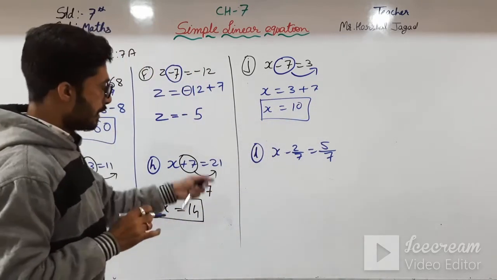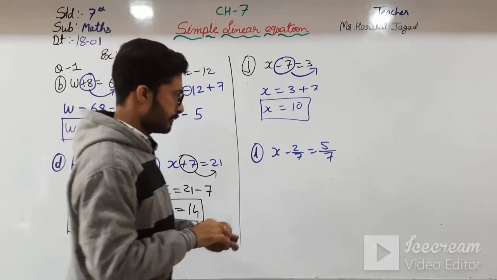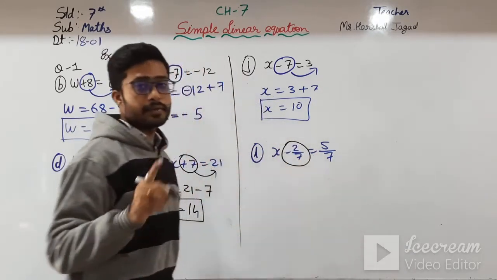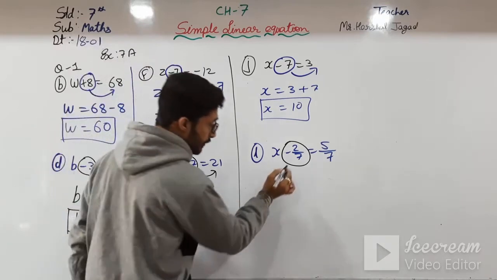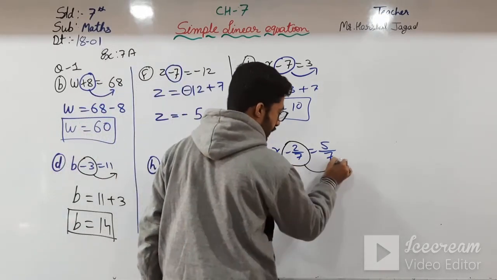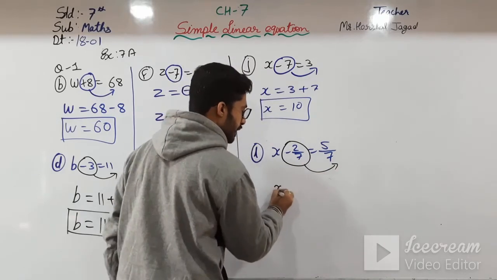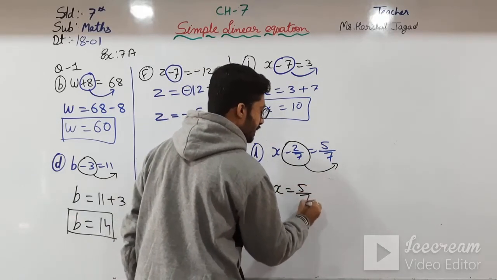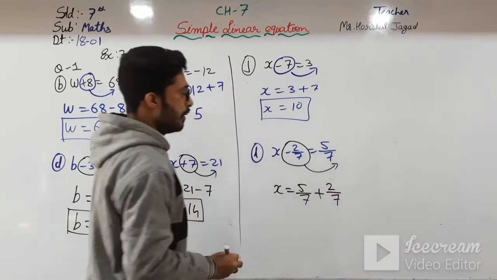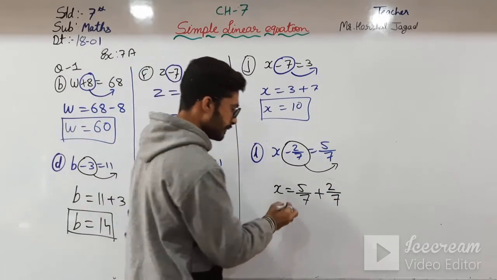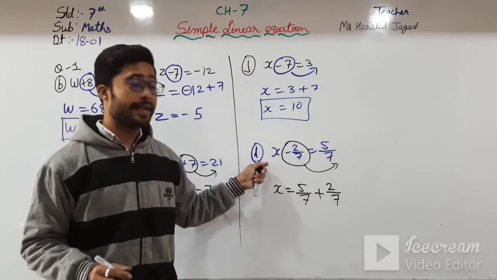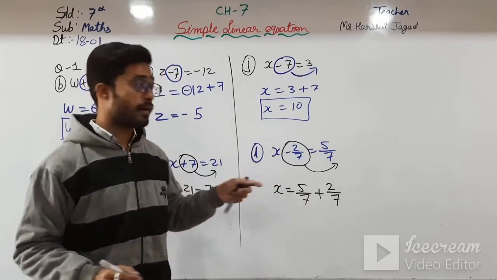Okay, and here you can see it is in subtraction. When it moves toward this side, it will be in addition, that is 5 by 7 plus 2 by 7. Okay, here if it was given 2 by 7 into X, what?